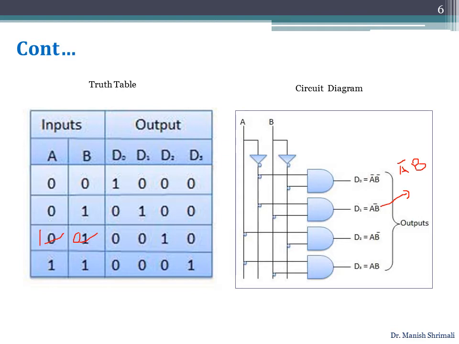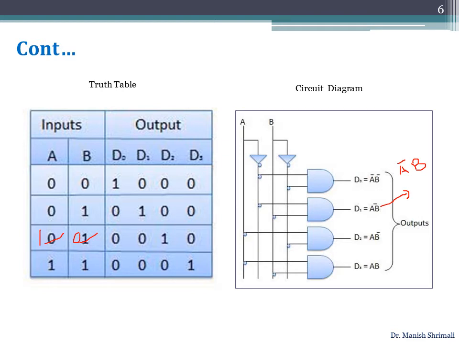This is A bar and this is B. Okay, this is A bar B. Here you can see that this is A B bar. So D2 will be high when we give the inputs as 1 0.